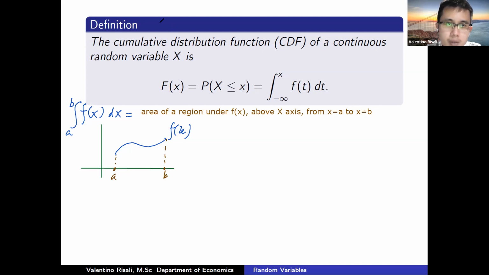So we measure the area of this region, the orange region.